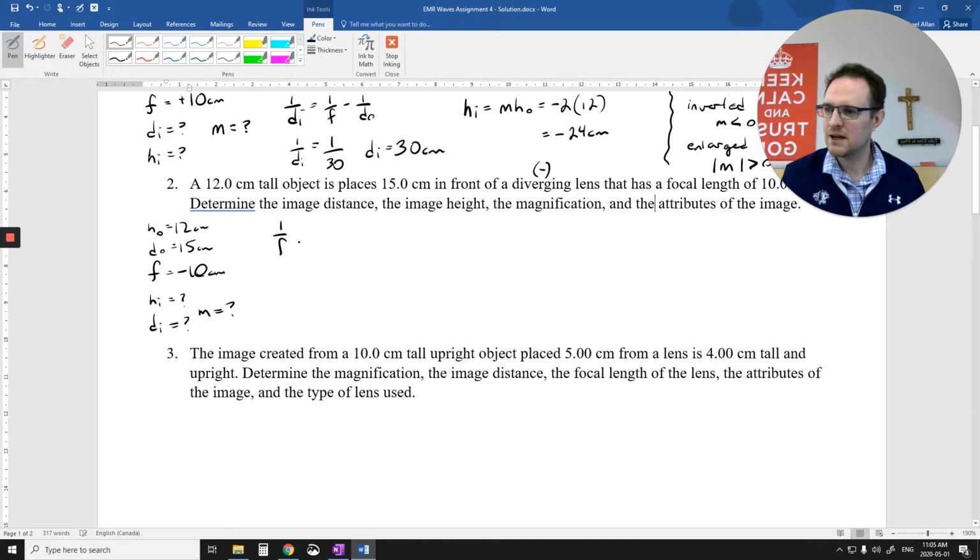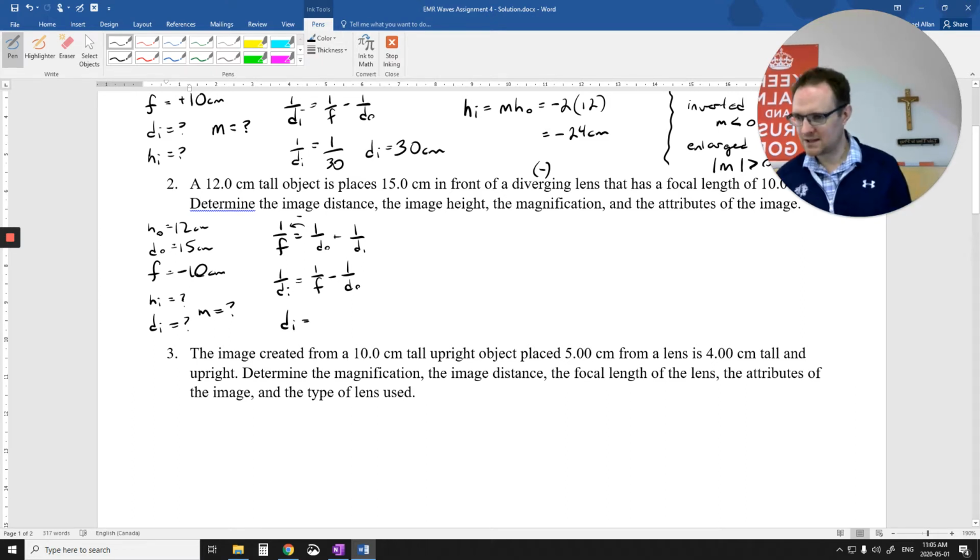So 1 over F is equal to 1 over DO plus 1 over DI. Again, I'm going to subtract over that 1 over DO. For some reason, I'm showing more steps than I usually do. This time, I'm not going to show the last step here. So I'm going to go 1 over negative 10 minus 1 over 15.